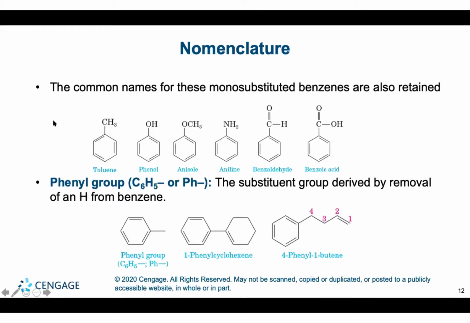You're going to see if it's toluene, with a methyl group on it. Does it have an OH on it? Does it have OCH3, or methoxy, on it? Does it have NH2 on it, or an aldehyde, COH, or not? If it has one of those, your root is going to be based on one of these names. So your parent name is going to be based on one of these. I will show you now.